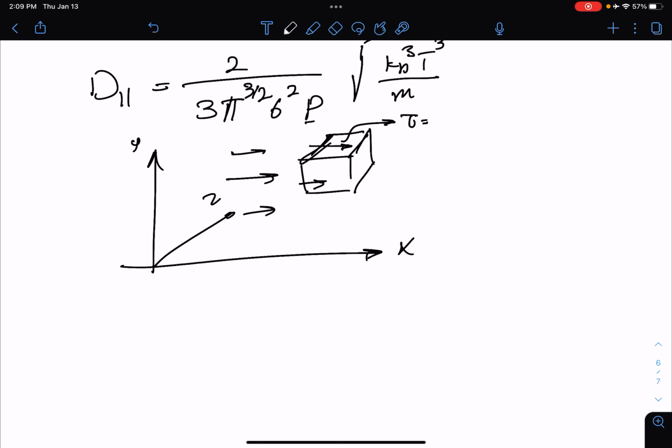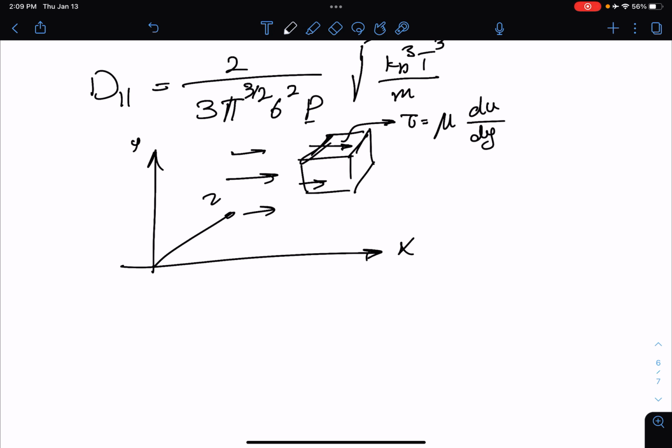Tau. Does anyone remember how to calculate shear stress in fluids? We have one no. It was related to viscosity and the gradient of velocity. Does this make sense? Okay.